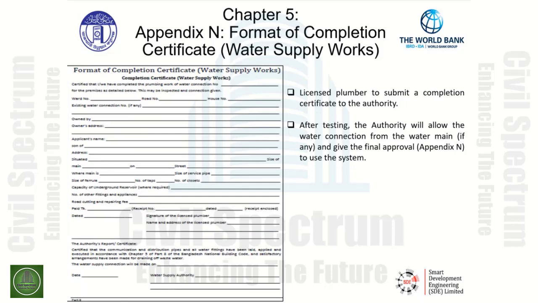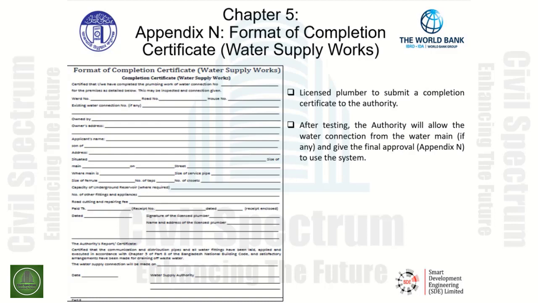Appendix N indicates the format of the completion certificate, water supply works. This is a completion form that is filled out by the licensed plumber and submitted to the authority when the work is done.